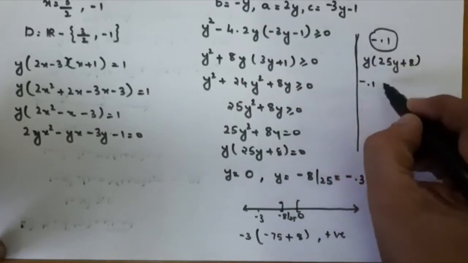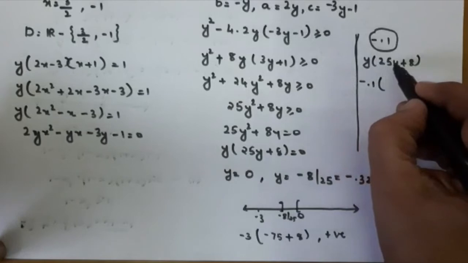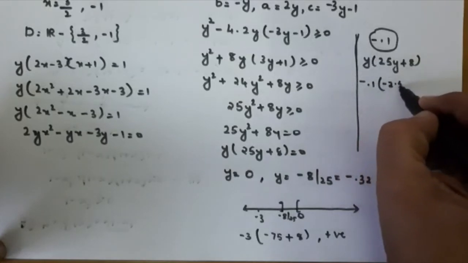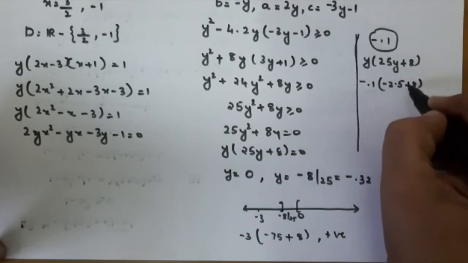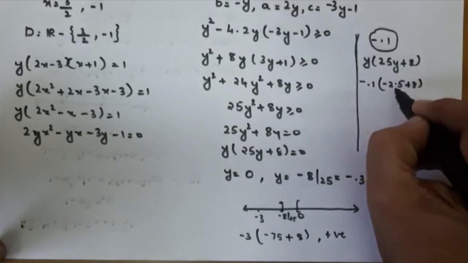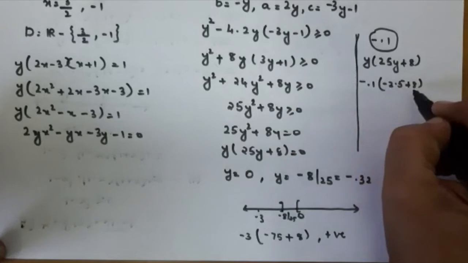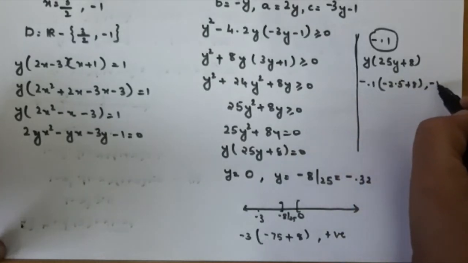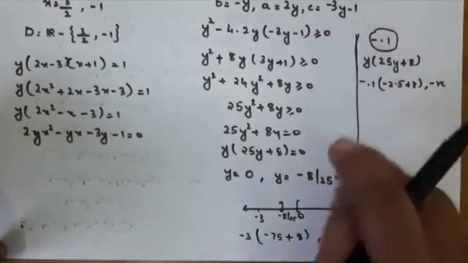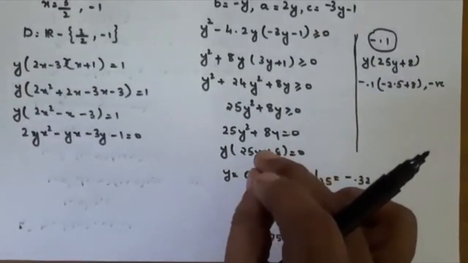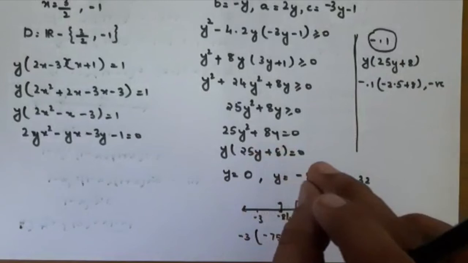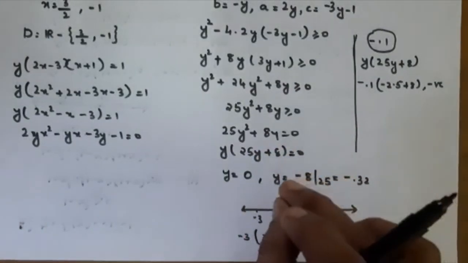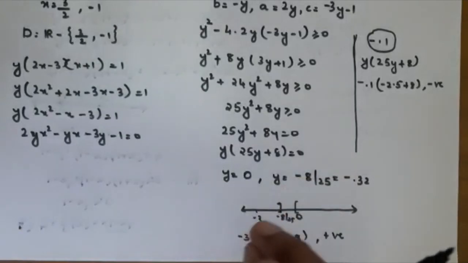Minus 0.1 into 25 into minus 0.1 means minus 2.5. Minus 2.5 plus 8. 8 is greater than 2.5 and so minus 2.5 plus 8 is positive. Positive into negative, anyway it is negative. That means a value of y from the second part is not satisfying this inequality and so we want to avoid the second part from the range.